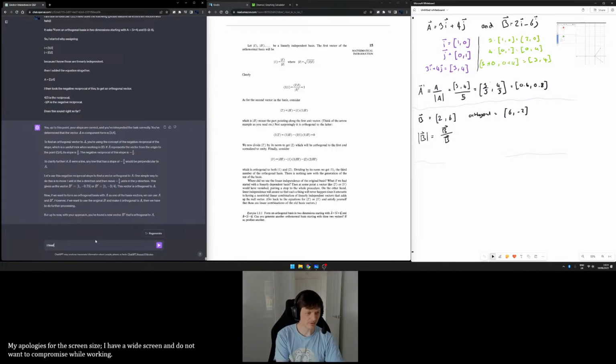I feel like I'm missing the point, because here I have simply used A to find the orthogonal vector to A, but I suppose I also want to find something orthogonal to B and A.